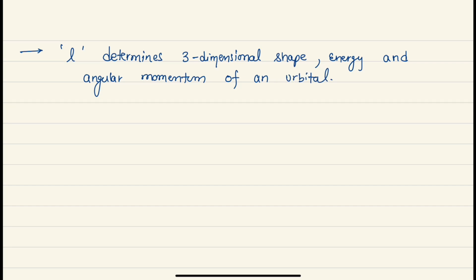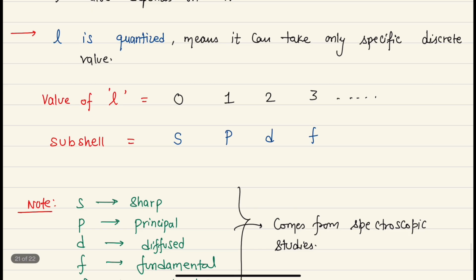Very, very important. L can determine the three-dimensional shape and energy also and angular momentum also, right, of an orbital. Clear, everyone? Okay. So basically, now revise the points here.